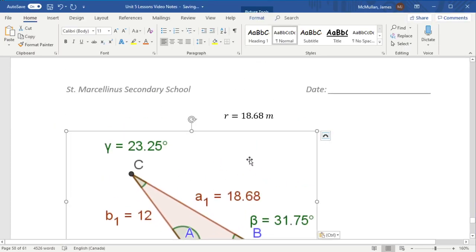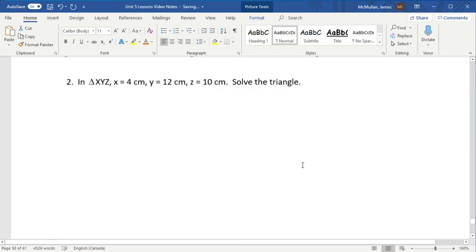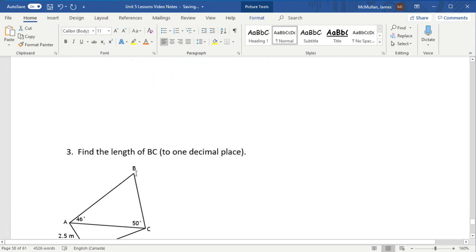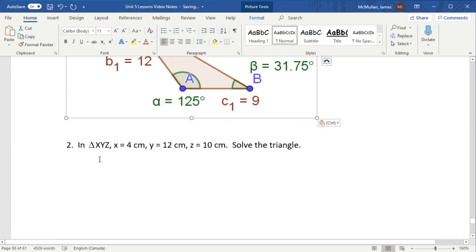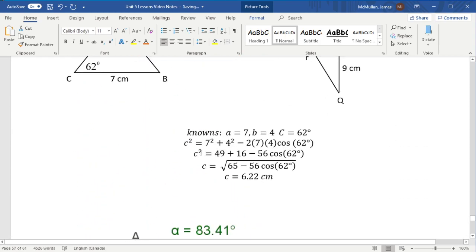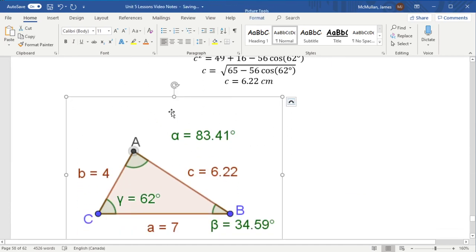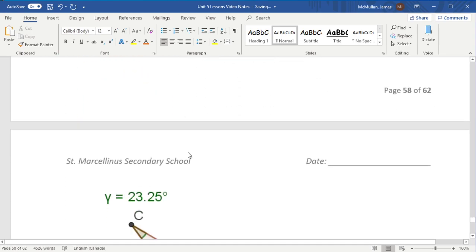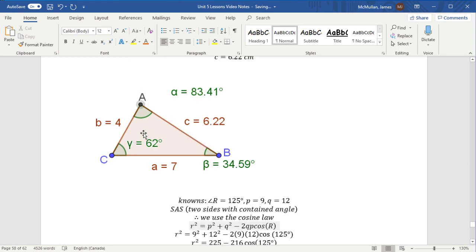All right. Now, there are a couple of interesting things to talk about here. There are only 2 questions left, so we'll do them and talk about a couple of things. First thing I want to say is I want you to pay attention to the diagrams I just drew. Look where the smallest side is, and then look at the smallest angle.